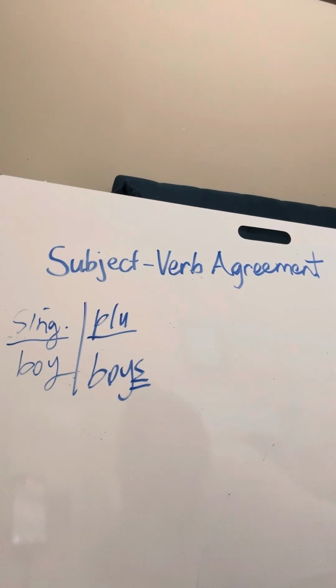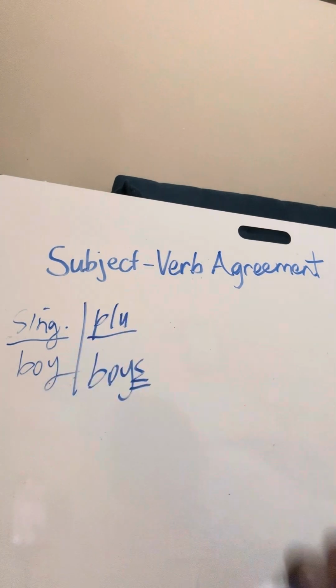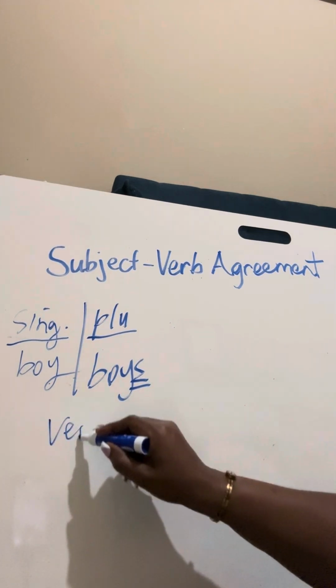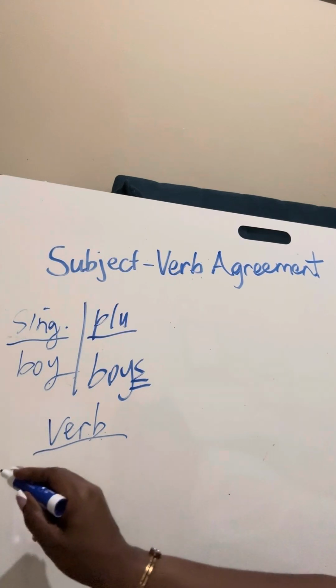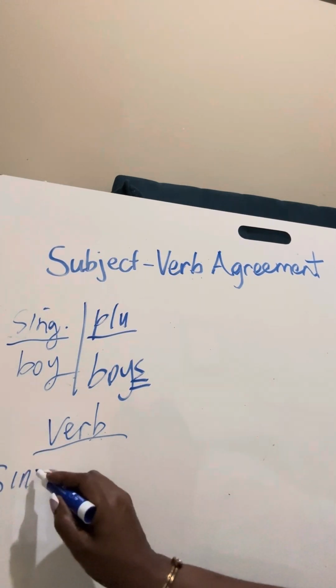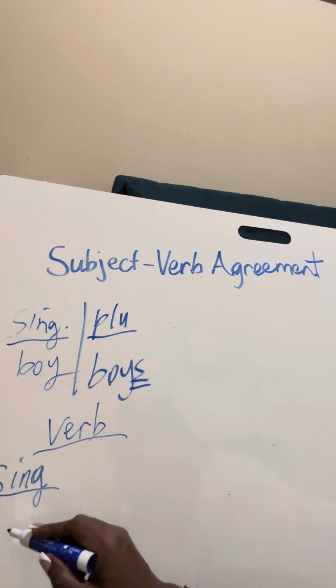But we have to now understand that it's the total opposite for verbs. So for the noun, the one without the s is singular. But for the verb, guess what? You're going to have to flip it, because for the verb, guys, the one with the s is singular.